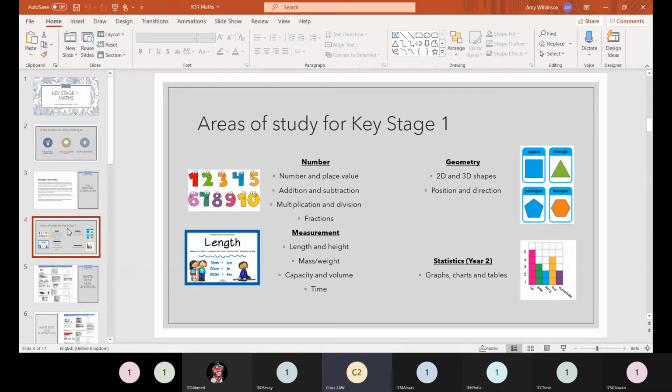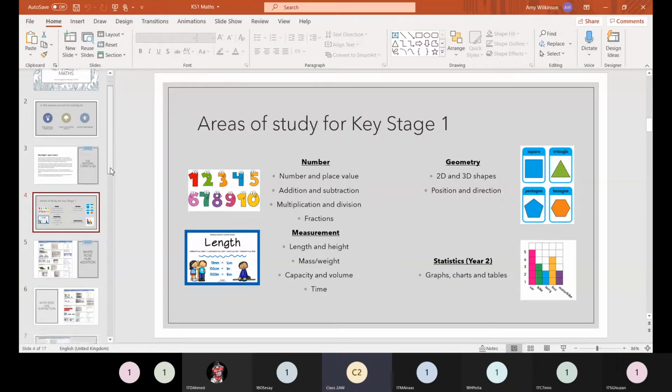Under measurement, the children learn about length and height, mass and weight, capacity and volume, and time. Geometry focuses on 2D and 3D shapes and position and direction. And statistics is all about graphs, charts, and tables.